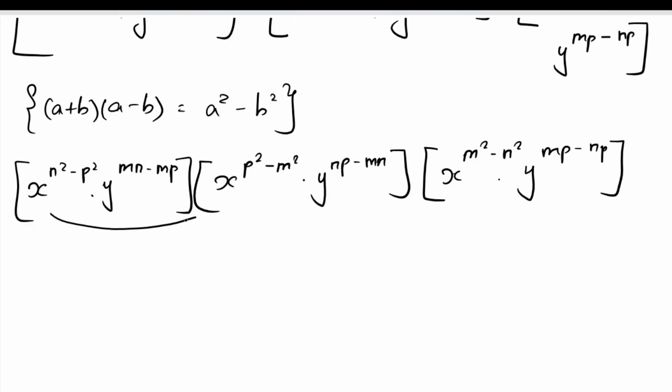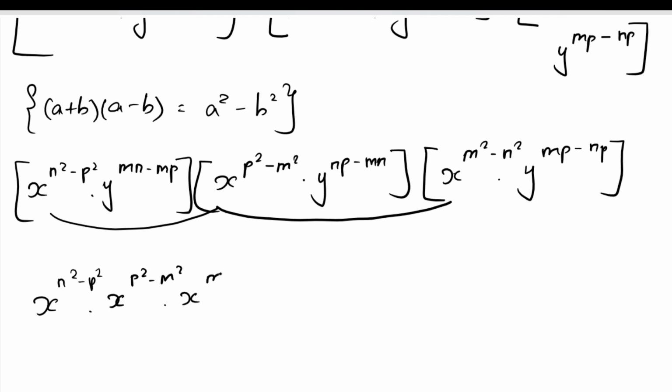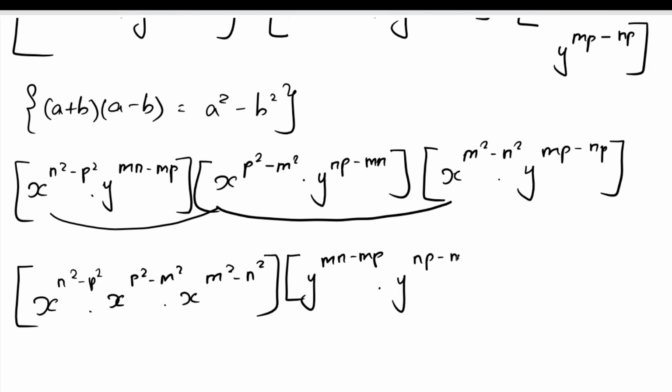Now I'm writing all the x terms together and all the y terms together. So I'll get x to the power n square minus p square into x to the power p square minus m square into x to the power m square minus n square into y to the power mn minus mp into y to the power np minus mn into y to the power mp minus np.